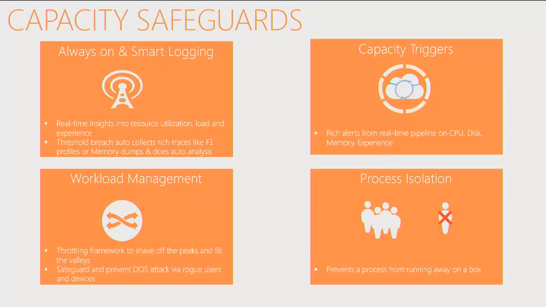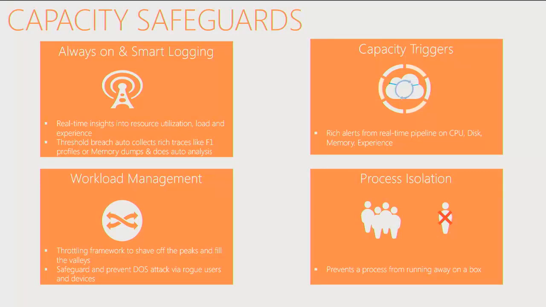The third safeguard we have is around workload management. This is our investment, a framework to throttle and to shave off the peaks and fill the valleys. So interactive workloads get resources during peak hours, like mail flow, which are always the highest priority workloads, but things like assistants utilize the boxes at the non-peak hours, and how that is managed is through this workload management engine.